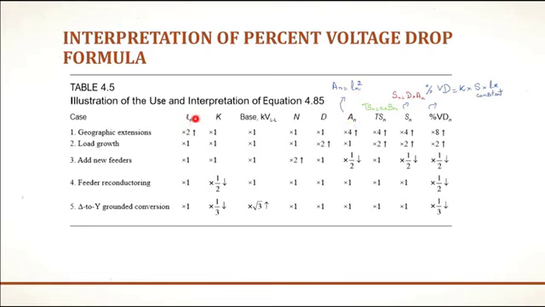This is length of the feeder, this is K constant, this is base voltage in kilovolts, this is basically representing the number of feeders, this D is representing load density, this is representing area served by one feeder, this represents the load served by all feeders, that's why you can see N multiplied by total load served by one feeder. So this Sn is the load served by one feeder, and it is equal to the product of load density and the area, and over here you can see this is the area served by one feeder.